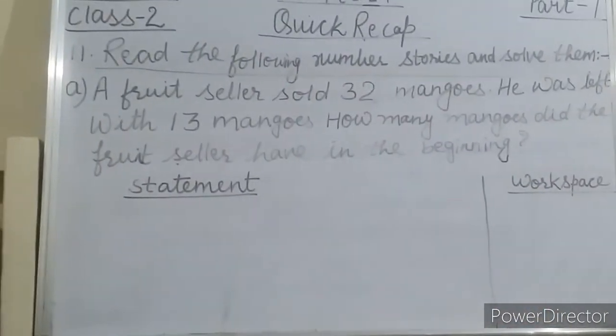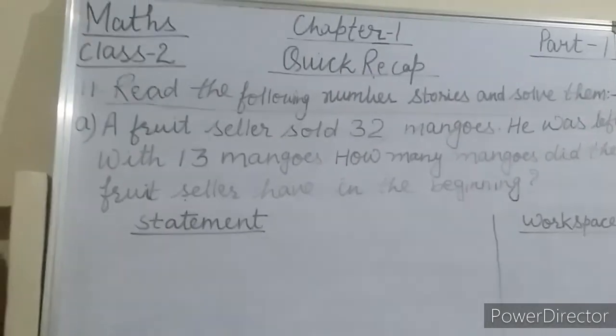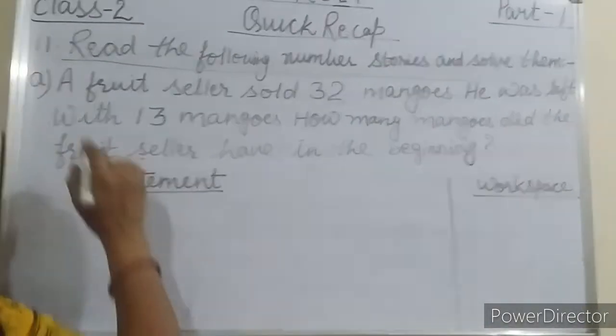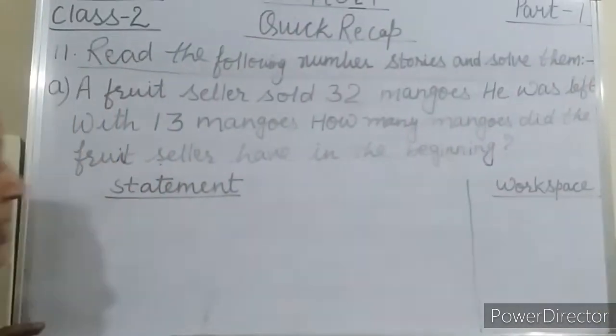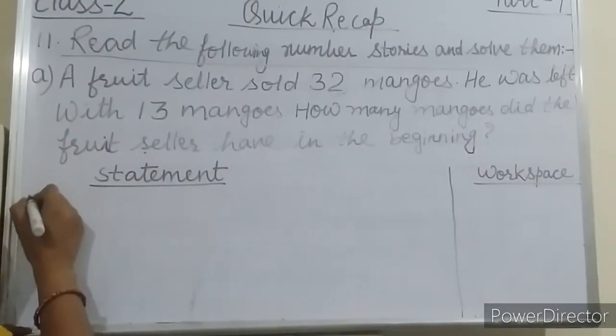See, what you have to do? You have to write first statement. A fruit seller sold 32 mangoes. So how you will write the first statement?